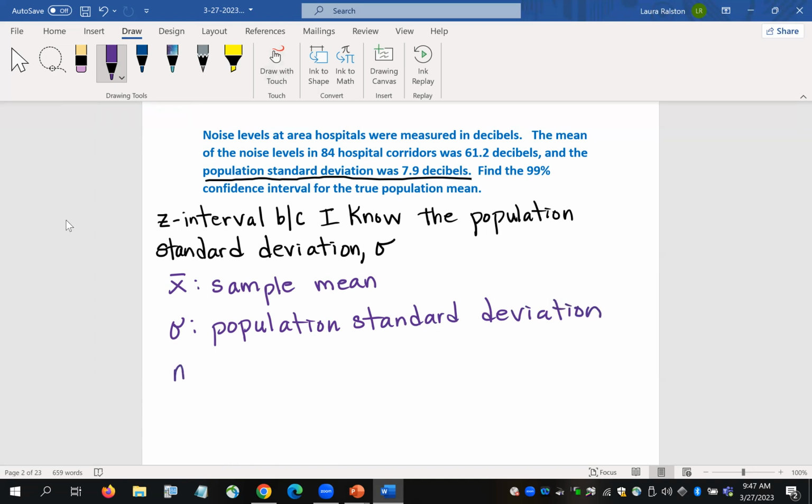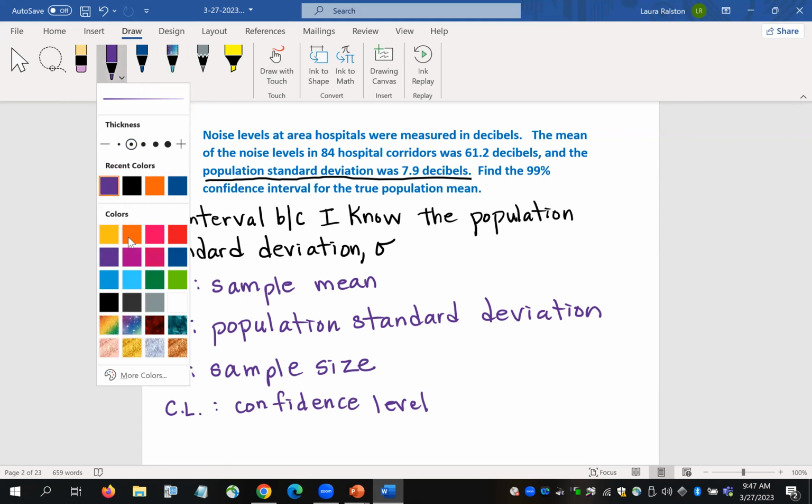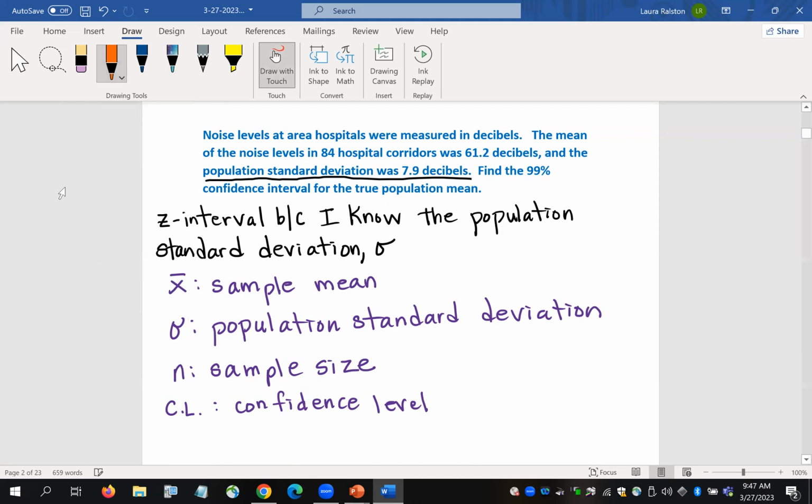We need N, which is our sample size. And we need the confidence level, which I usually abbreviate CL. All of that information is given in the problem.